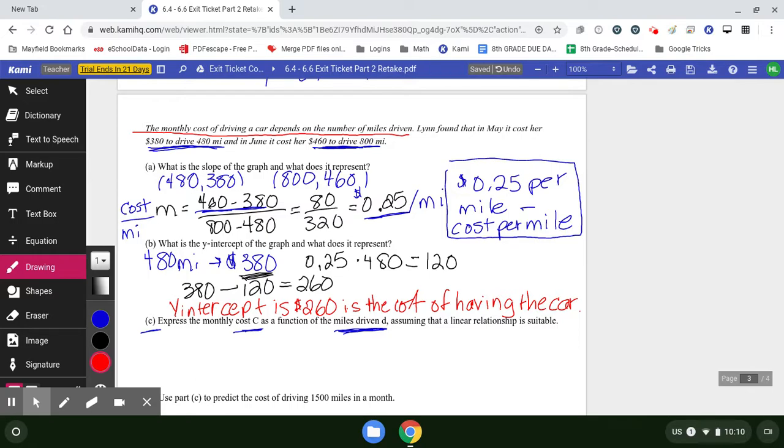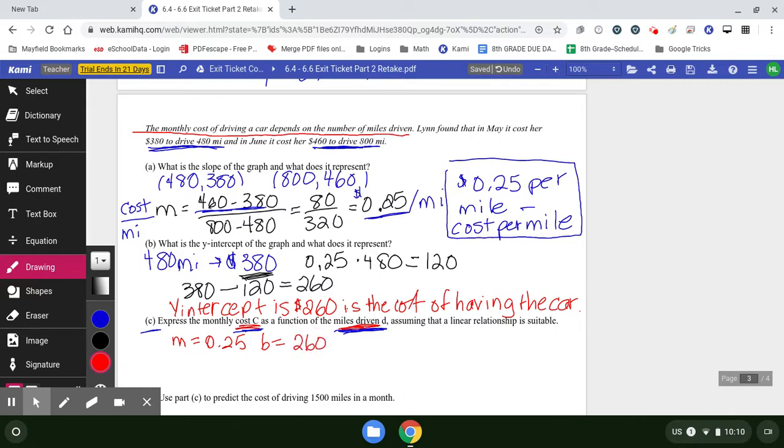So now we're going to express the monthly cost C as a function of the number of miles driven. When I think of y equals mx plus b, we've already got our m is 25 cents and our b is 260.